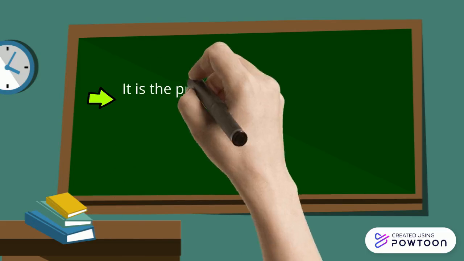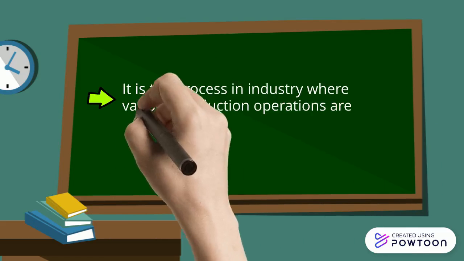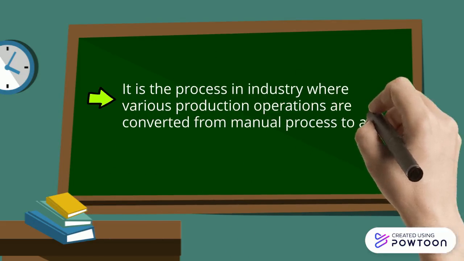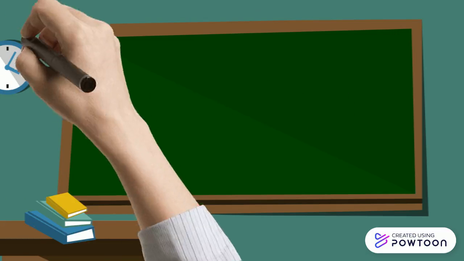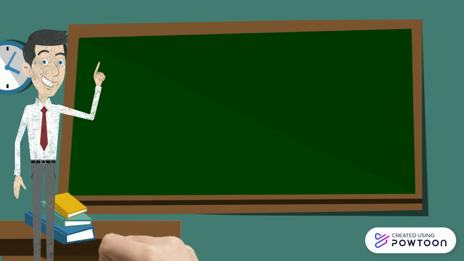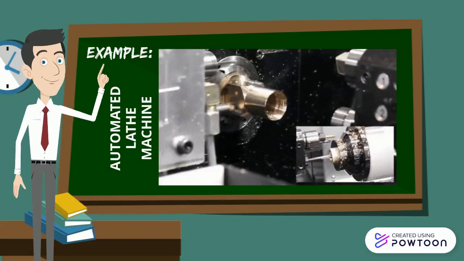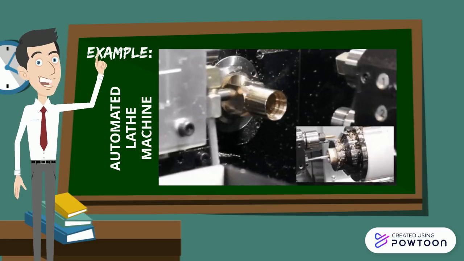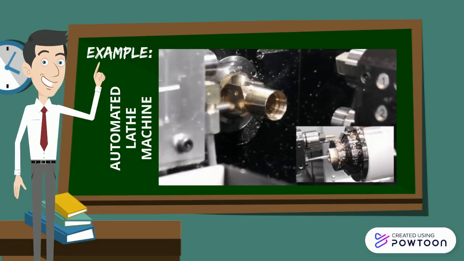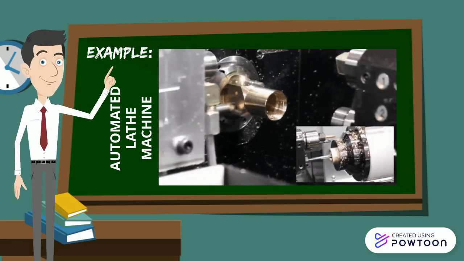Automation is also the process in industry where various production operations are converted from manual processes to automated processes. Here is one example of automation in the manufacturing industry, where the process is automated. Workers place a long length of bar into the feed mechanism of an automatic lathe.